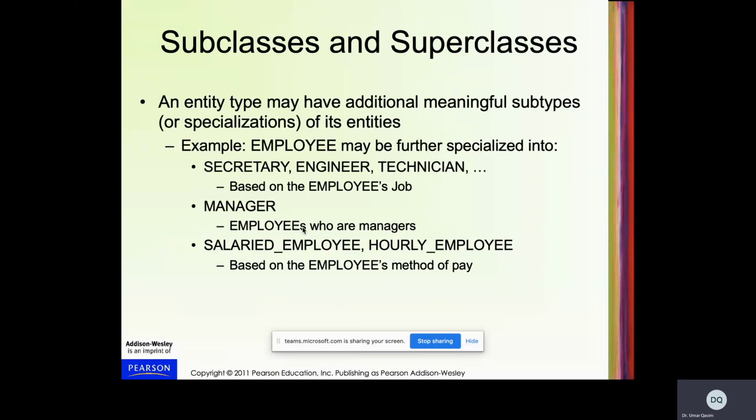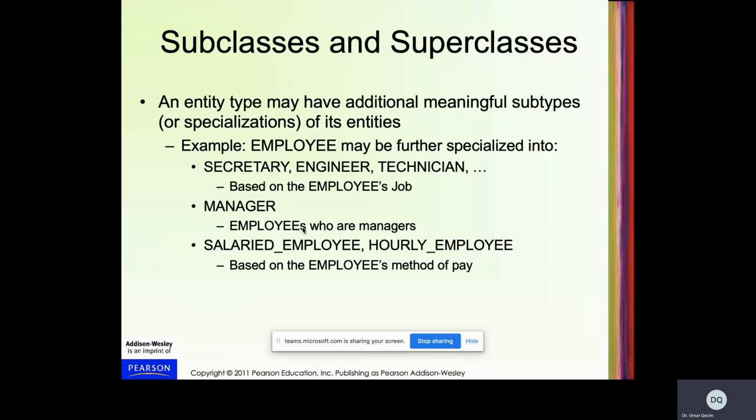So for example, in the company database that we looked at as an example in the last chapter, if we have an employee, then that employee may be further specialized into subtypes like a secretary, an engineer, or a technician. So this becomes one type of specialization. There could be a number of specializations like this.